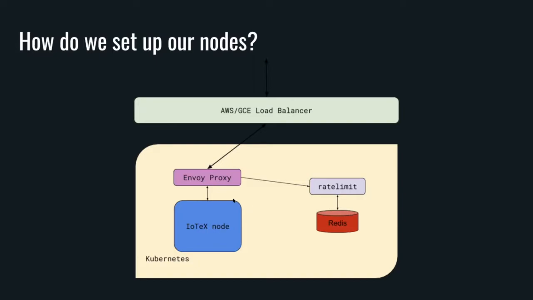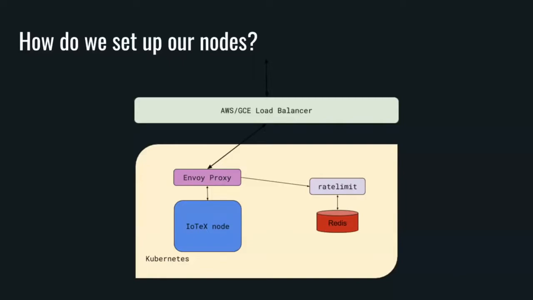Another reason we use Envoy proxy is for rate limiting and circuit breaking. Envoy comes from Lyft. They also have another service called ratelimit, which is also from Lyft. With ratelimit, we use Redis just for data storage.